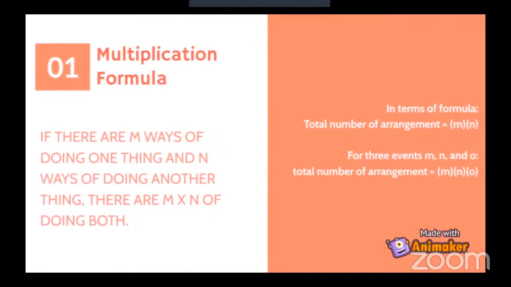In terms of a formula, the total number of arrangements equals m times n. This can be extended to more than 2 events. For 3 events, the total number of arrangements equals m times n times o.